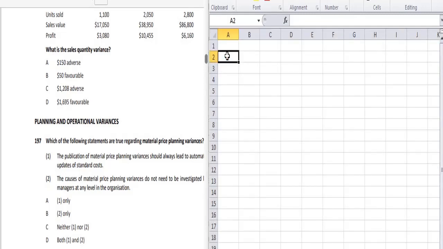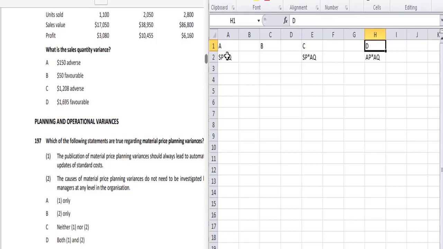First of all I will write down SP into SQ, and I will keep a heading A and leave one gap. Then C, SP into AQ, then AP into AQ, and its heading will be D. Now the difference of A and C will be our material usage variance, and again C and D will be our material price variance.